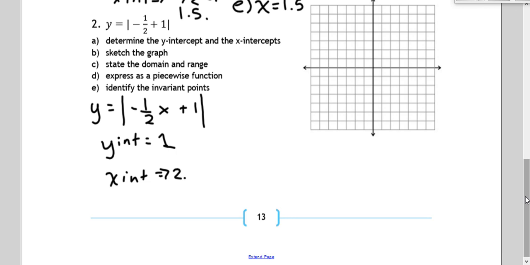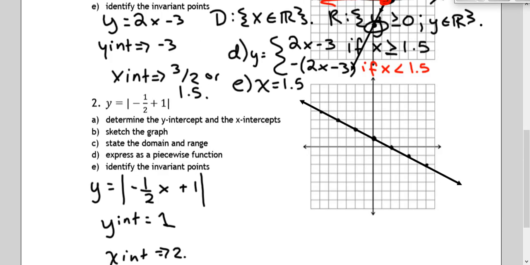So let's graph this. So we can see the regular function there. Now we need to start reflecting. So this part down here should come up here. So then up 1 over 2, up 1 over 2, and we get 2 lovely points right there. So we draw our line, and we have our function.